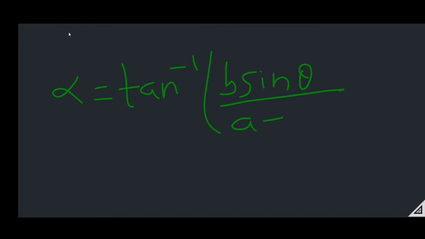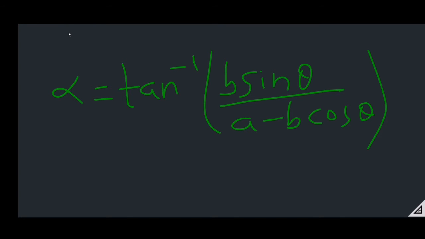Alpha equals tan inverse of b sine theta upon a minus b cos theta. And you know theta is the angle between a vector and b vector.